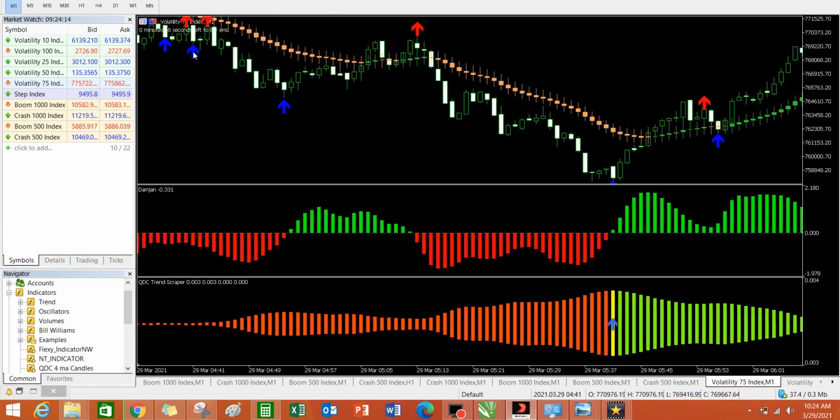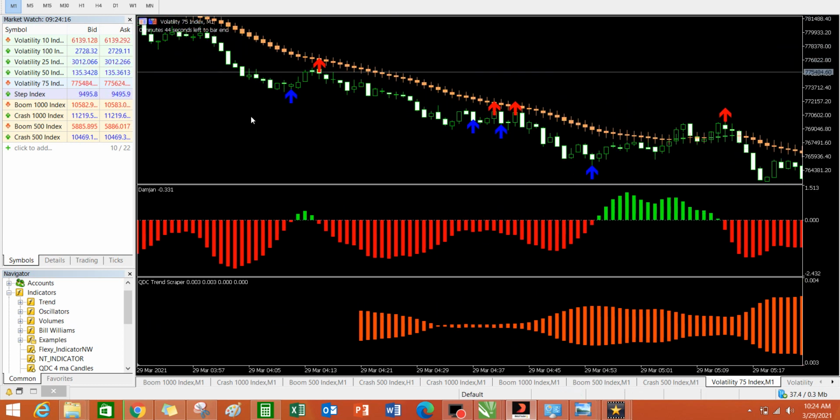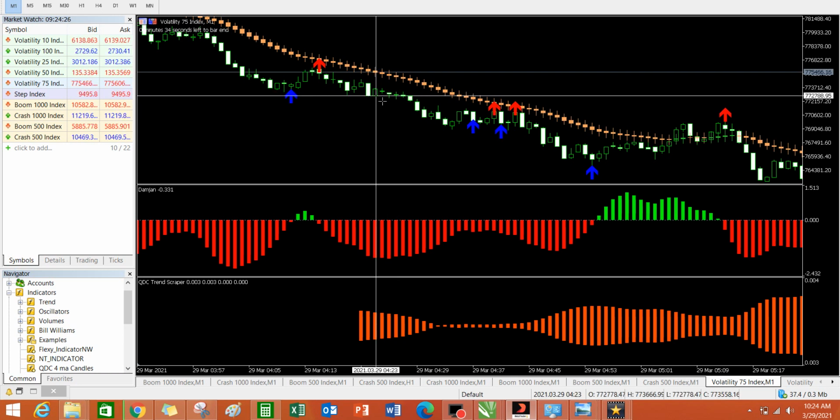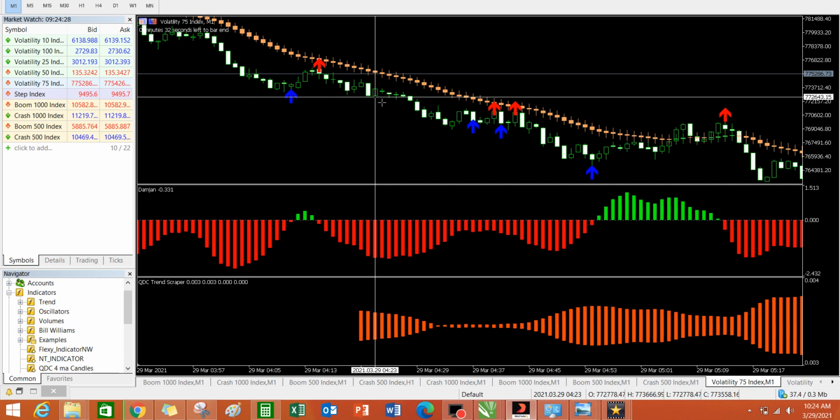Check it out. This is a downtrend. Let's say you decided to come in on this particular candle. You can see that after coming in, it went up.